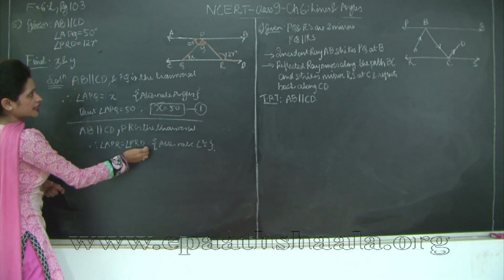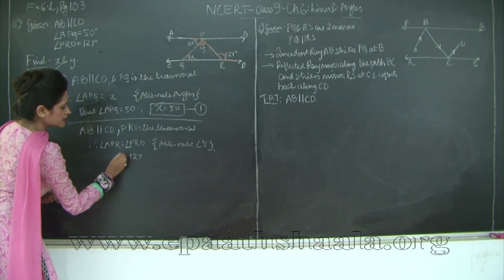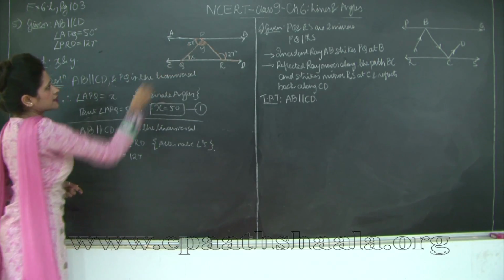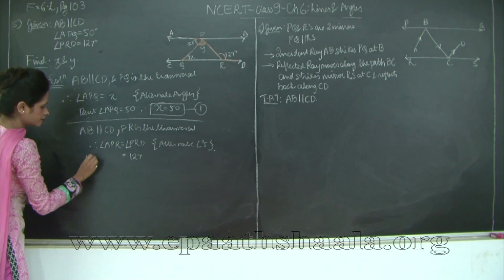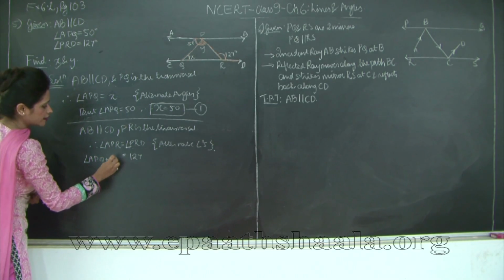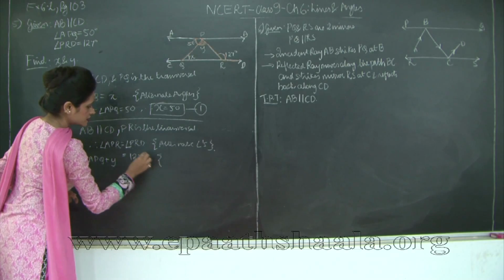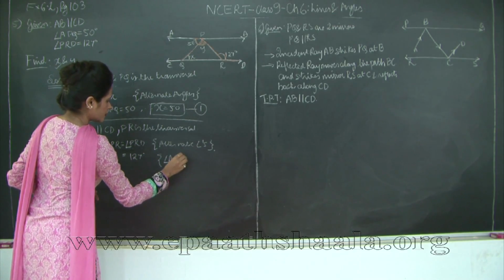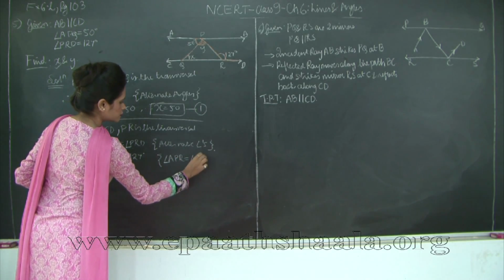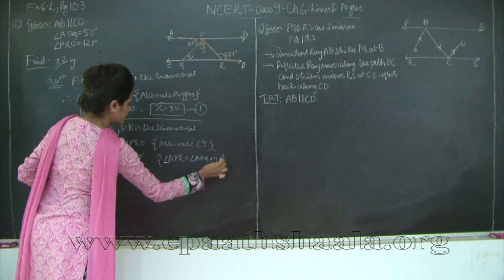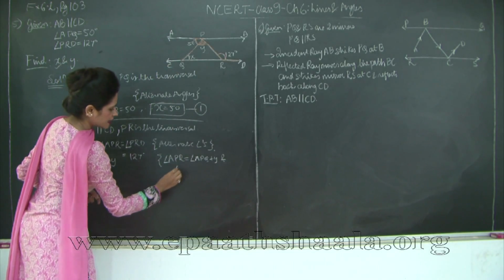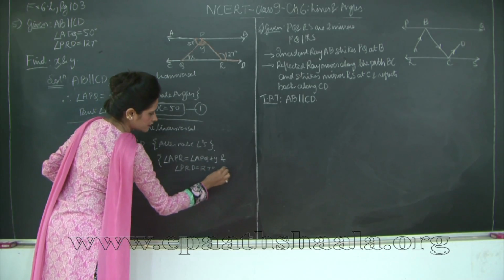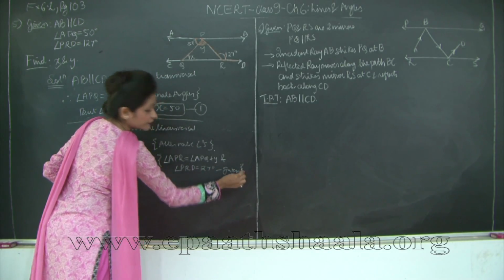Correct? But angle PRG is what? 127 degrees, and I will split angle APR. So I'll say angle APQ plus Y, correct? And I'll say this is 127 degrees, because angle APR is equal to angle APQ plus Y, and 127 degrees, that is angle PRD, is given.